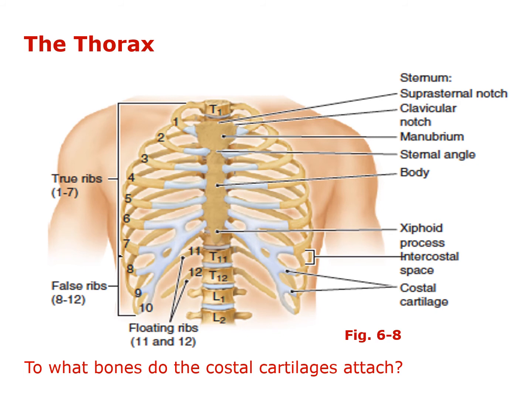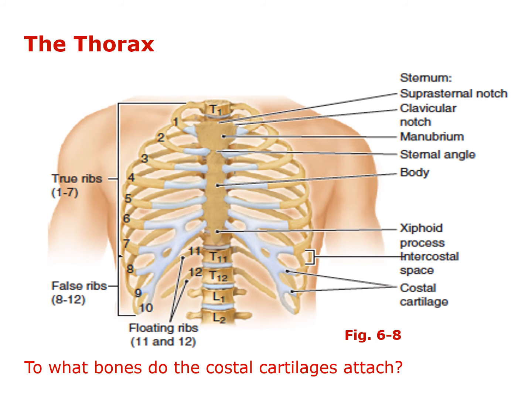Now this is cartilage that joins the rib to the sternum. And notice how it's not solid bone all the way around. Okay, so the sternum's body is long and blade-like. It joins along each side with ribs 2 through 7. Okay, and those are considered true ribs.